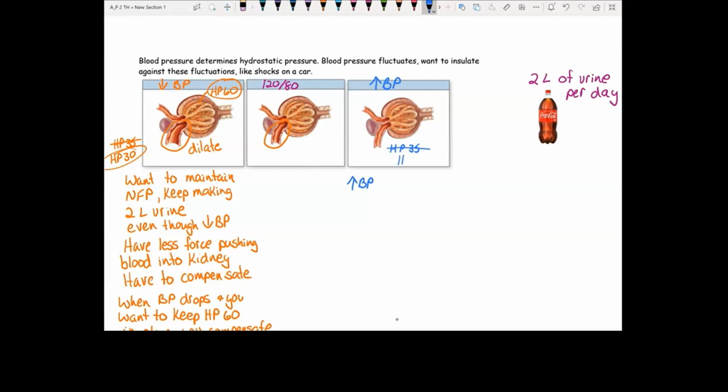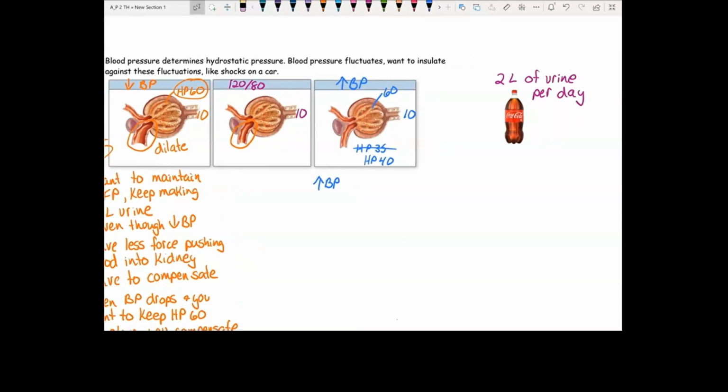Well, this is higher, so let's say maybe now it's HP 40. Even though this is 40, we don't want this to go up to 65. We want to keep it at 60. Because if you keep it at 60, your net will be 10. That's what we're going for in both cases. We want to keep the net at 10, because if the net is 10, you'll get 2 liters of urine.